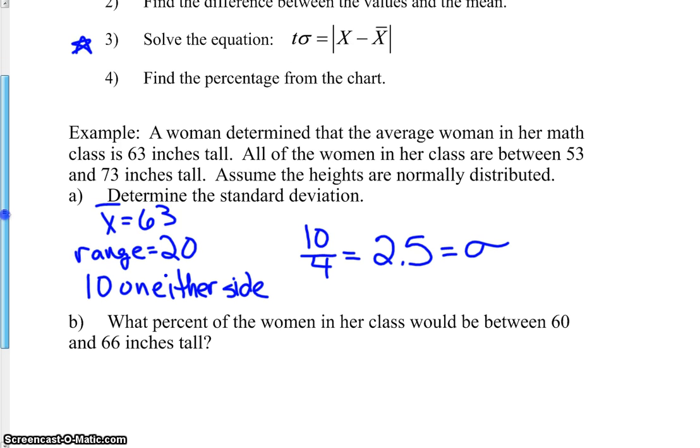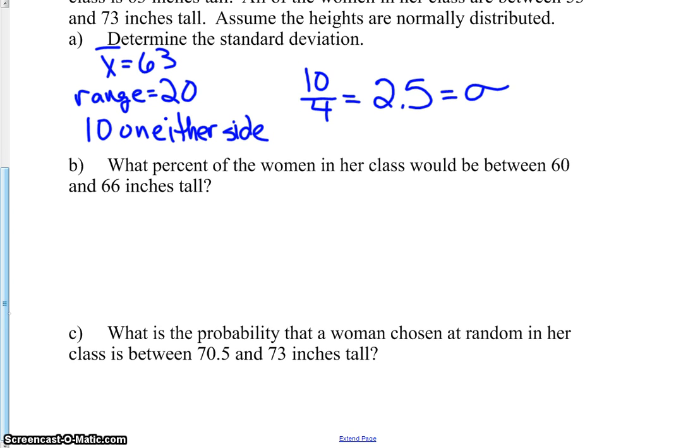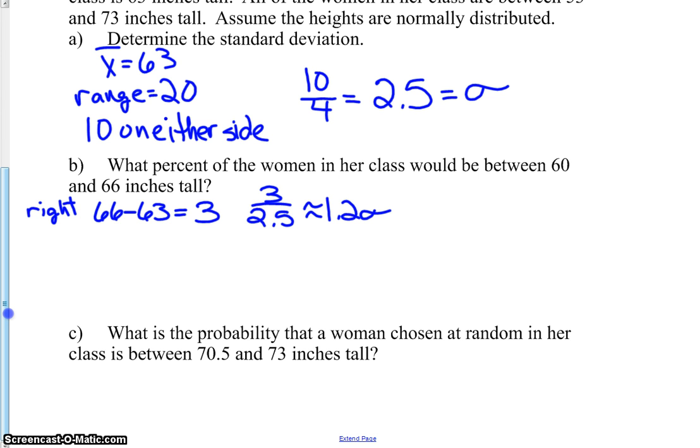Now, at this point, we would go straight to what we were doing before. If we wanted to know the percent between 60 and 66, first we would do 66 minus 63. That is 3, and that's on the right side. Then 3 divided by 2.5 is about 1.2 standard deviations on the right. On the left, it's 63 minus 60, which is also 3.